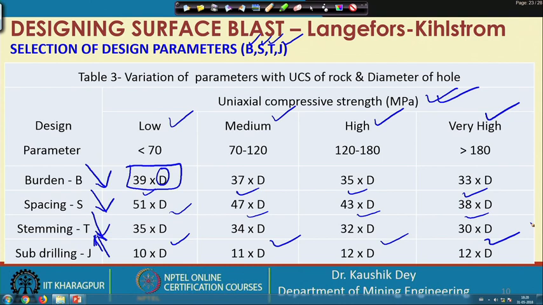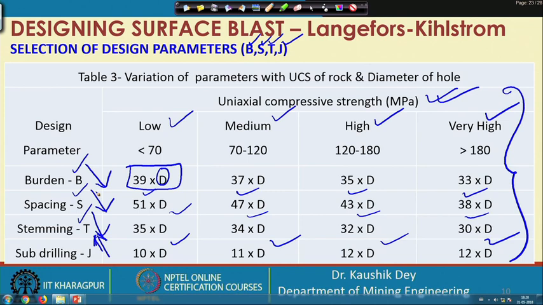That is as per our requirement, because the explosive charge quantity required is more for the stronger rock, and that is why this lesser burden, spacing and stemming basically ensure that the charge per unit volume of rock will be more if the rock strength is high.